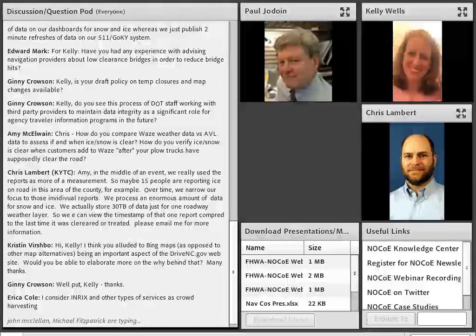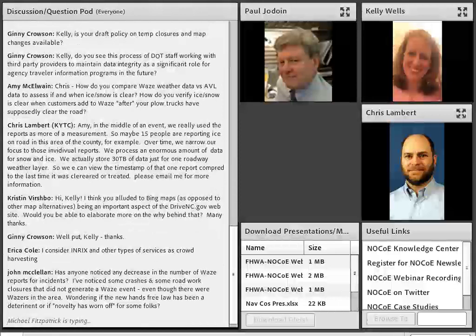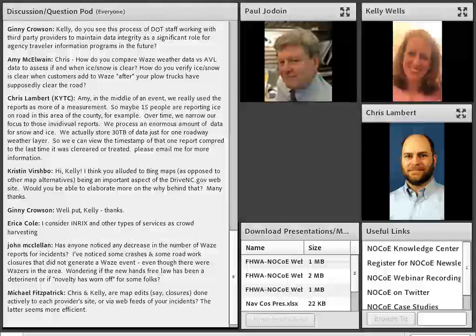Yeah, our snow and ice operation is crazy, it's insane. We aggregate quite a bit of data, whether it be national weather. We've got three or four National Weather Service layers of data. We've got AVL data. We've got Waze data. All that is combined into a single segment. Every half mile of roadway on our entire network is broken out, and those reports are stacked on top of that one segment. So we can understand the timestamp of that report versus when we last passed over it, when we plowed it, and when we treated it.